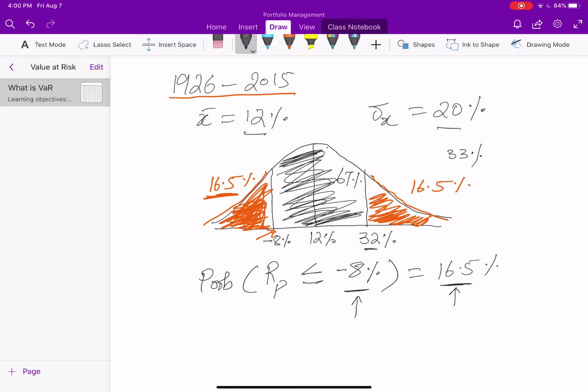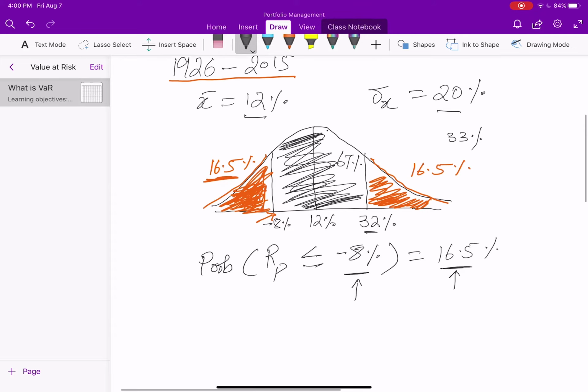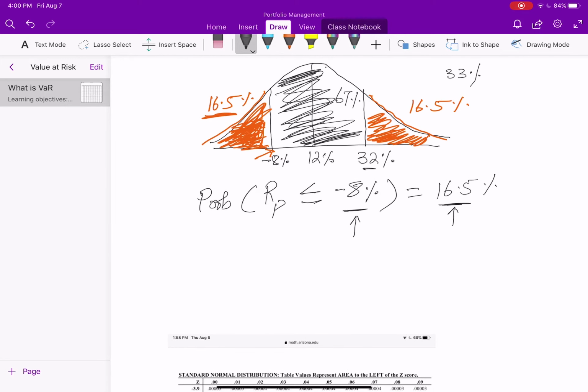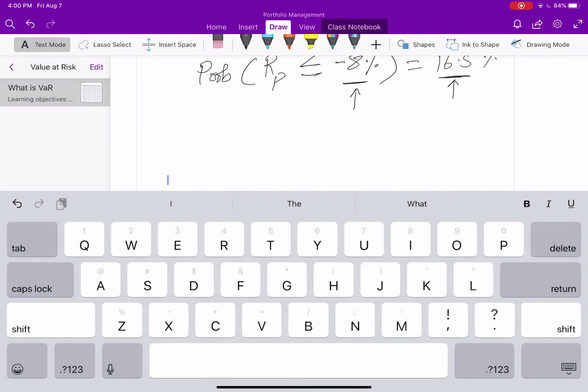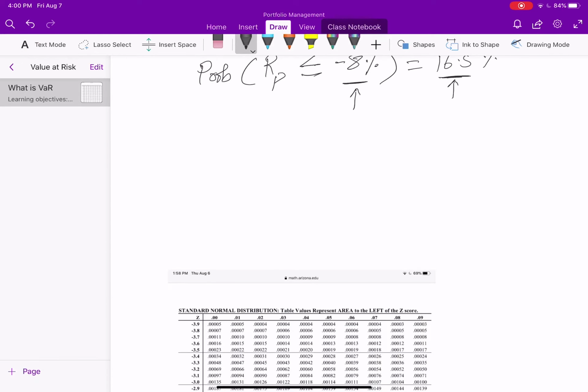Now, what if the situation is that rather than 1 year, we are concerned about the next 2 years? We want to see how much we can lose over the next 2 years at a probability of 5%, meaning with a 5% chance, what is the minimum expected loss, or even worse than that.